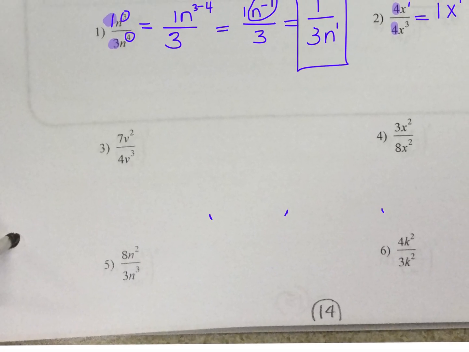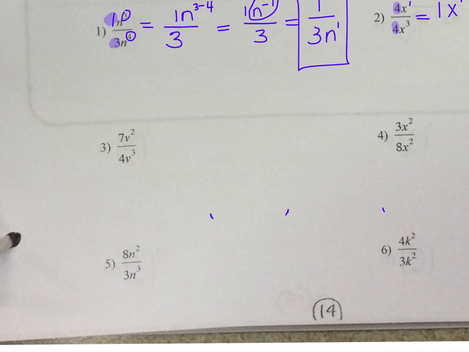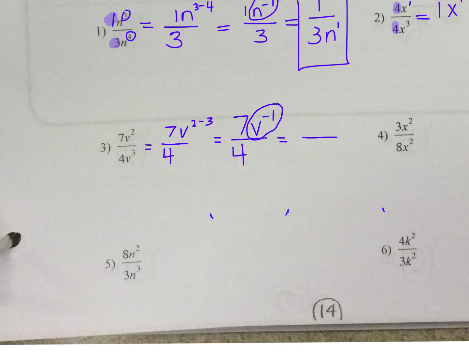Number 3, when I divide 7 divided by 4, it gives me an ugly decimal. So I'm just going to write 7 over 4. Copy down my variable, 2 minus 3. 7 over 4, v to the negative 1, uh-oh, illegal. So the 7 and the 4 stay right where they are, and the v to the 1 goes to the bottom.